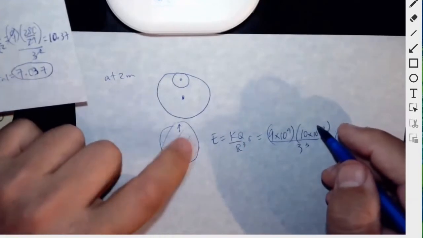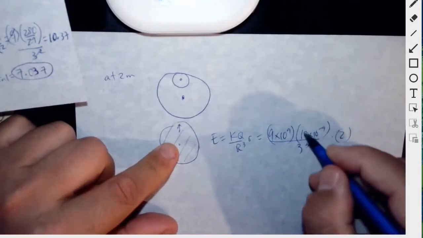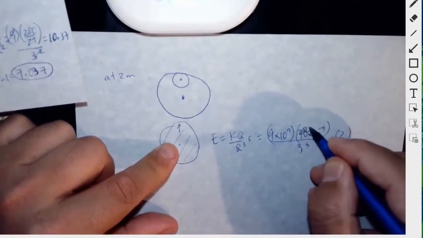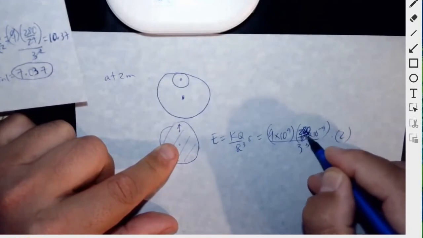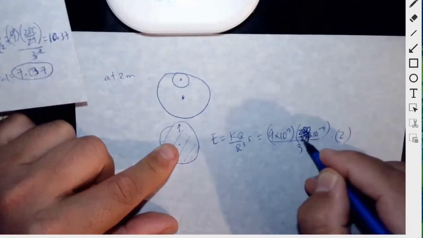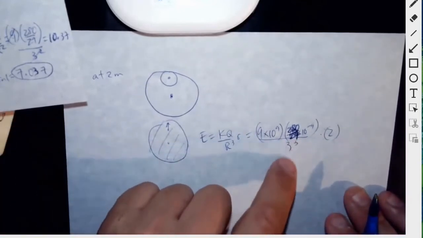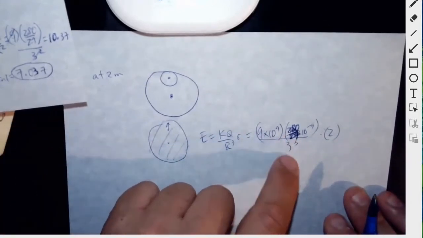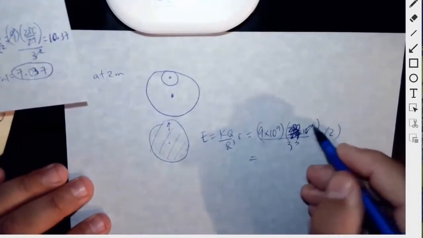Remember the solid sphere, we got 280 over 27. That's it, yeah. So this one cancels that.